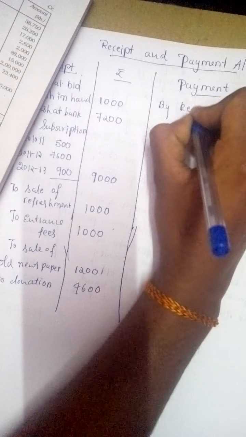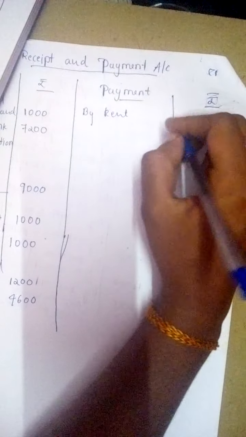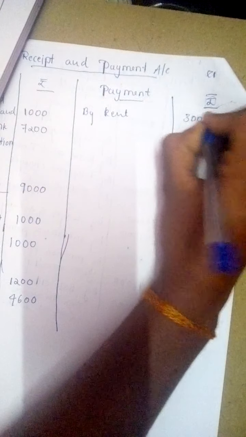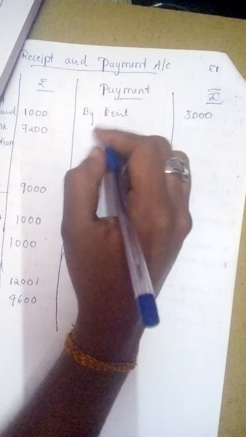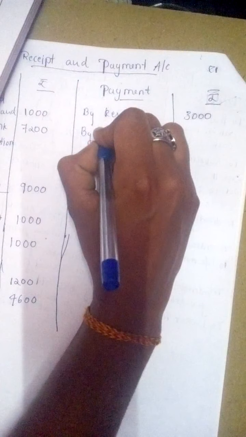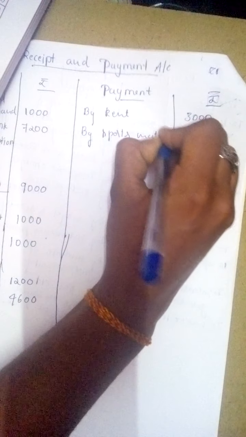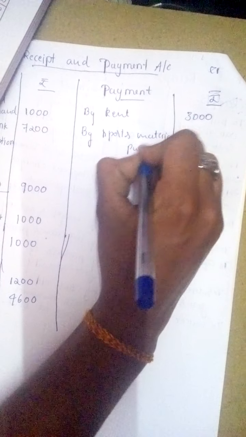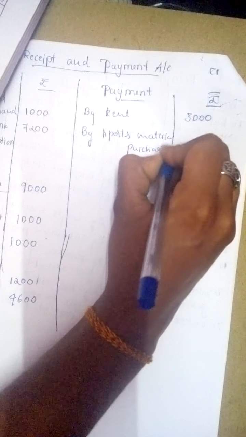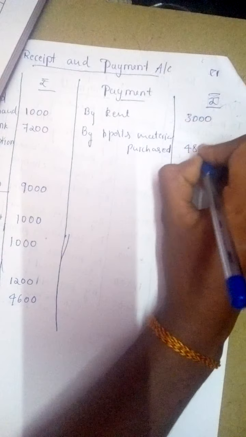Next they have paid the rent, so payment side, by rent amounting to rupees 3000. Then sports material purchase, which is a payment, capital payment, by sports material purchased amounting to rupees 4800.